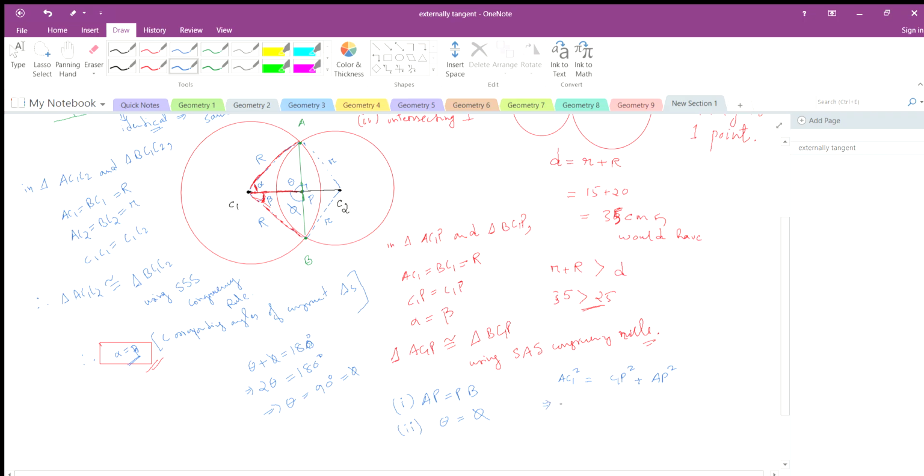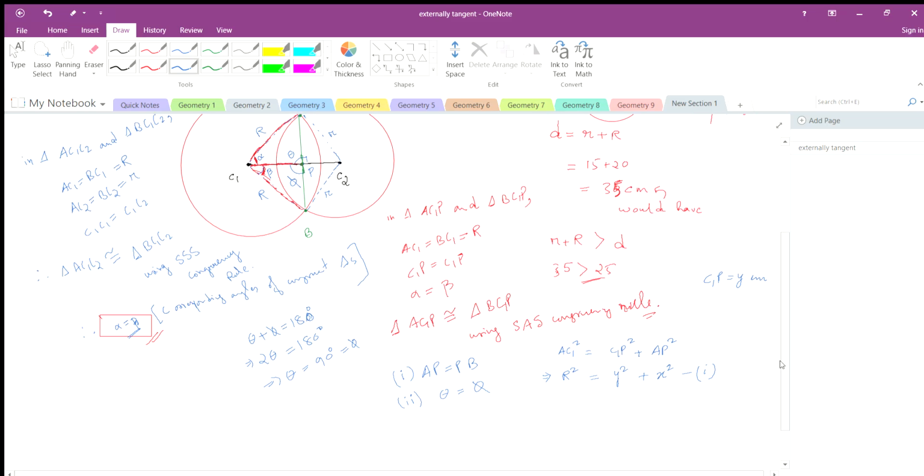AC1 is capital R, so capital R square is equal to C1P square plus AP square. Let us say C1P is equal to y centimeters. AP we have already taken as x. So this is our first equation.